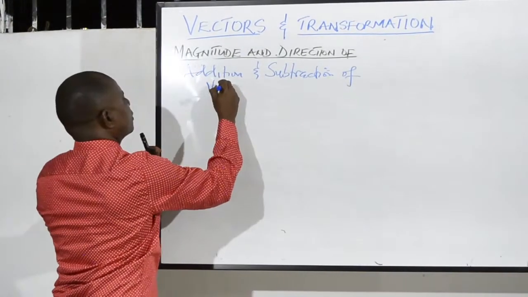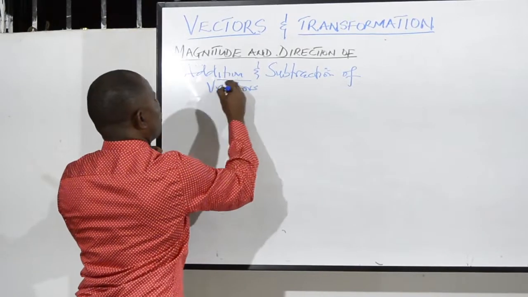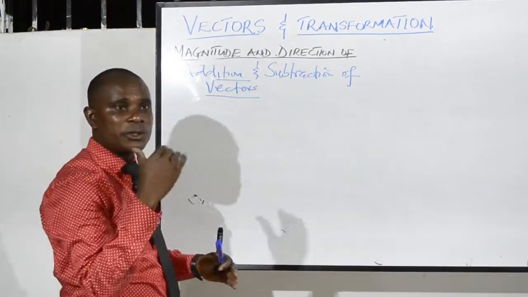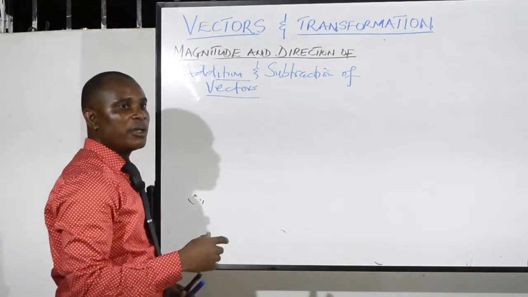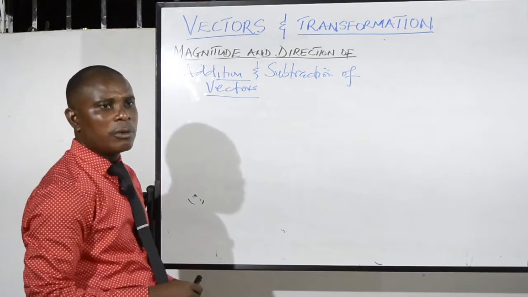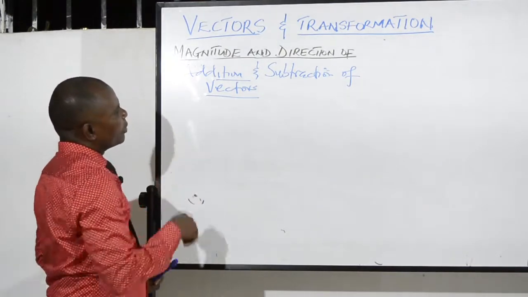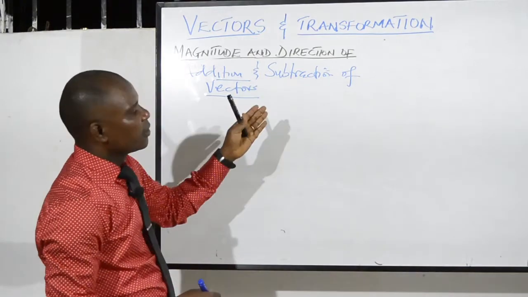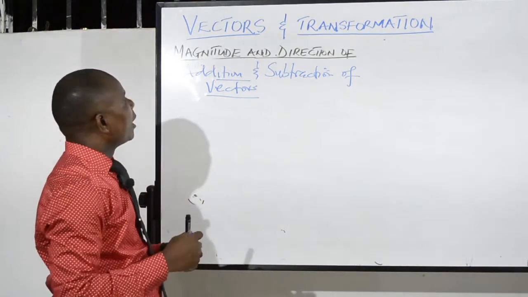Remember, I told you it is easier to manipulate the vector based upon the column form of the vector, so it is easier for students to manipulate the vector properly.